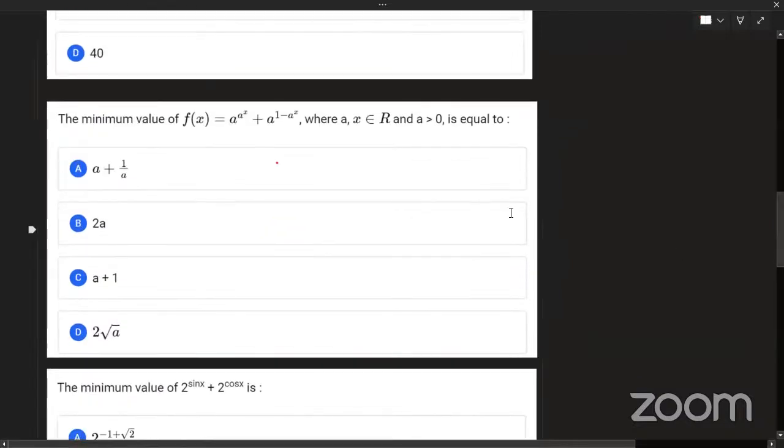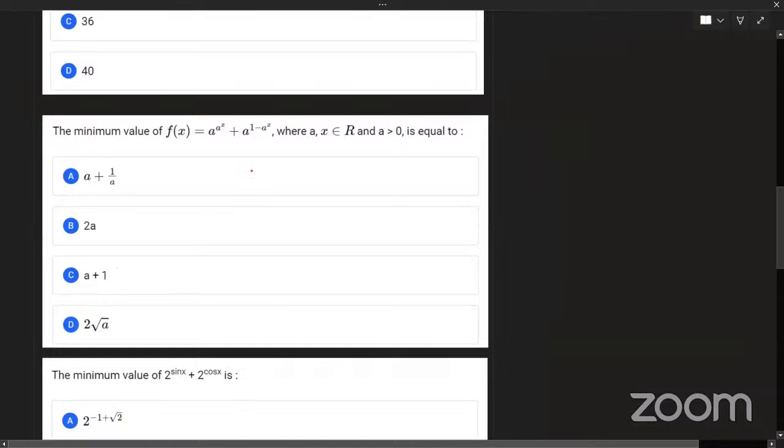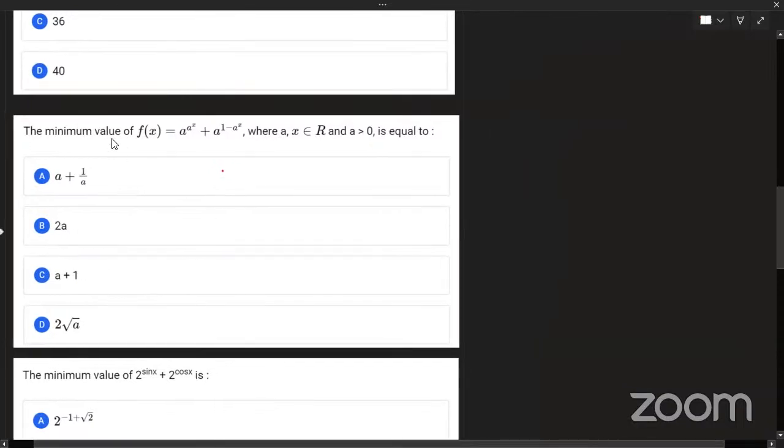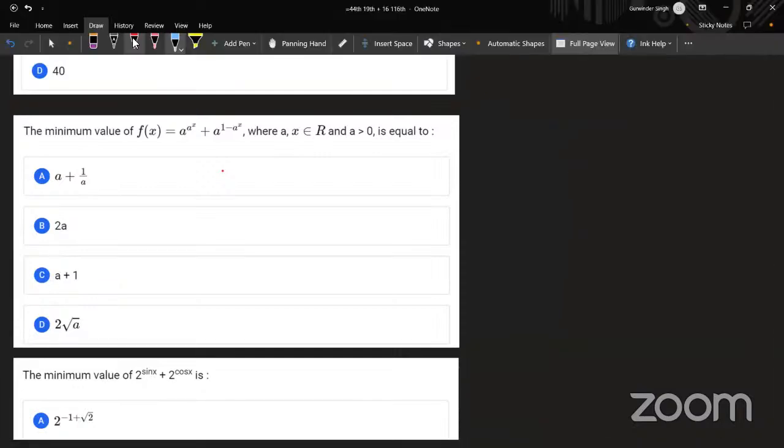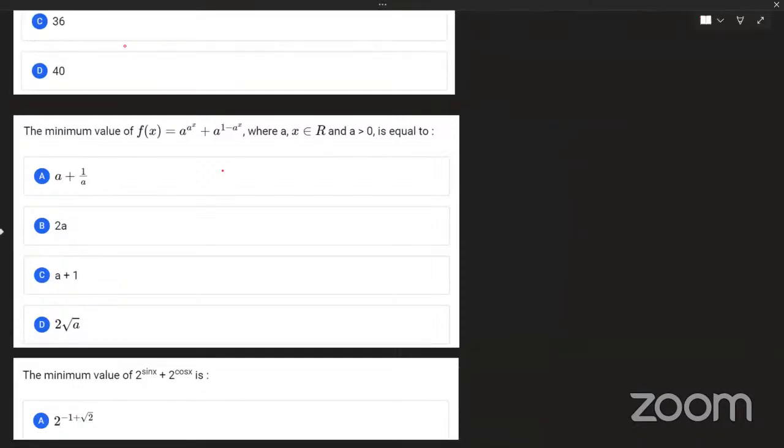Minimum value of f of x is equal to a raised to x plus a raised to 1 minus a raised to x. Basically I have 2 terms. My first term is a raised to x. My second term is a raised to 1 minus a raised to x.